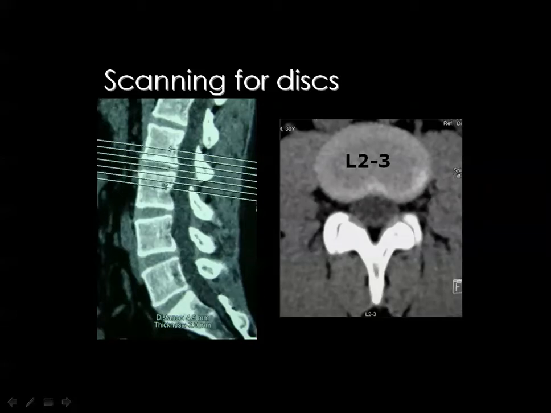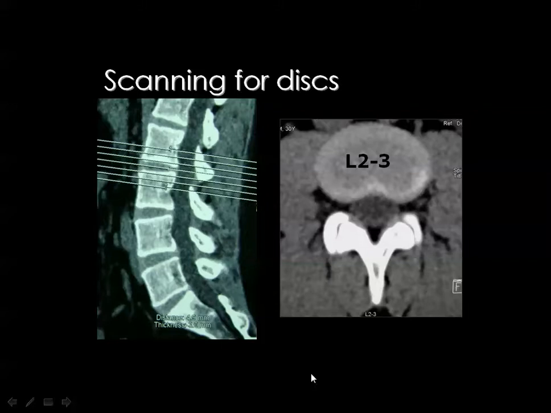The second issue is to evaluate the disc for any abnormality. For this disc level, we include part of the vertebra above and part of the vertebra below, as well as we scan the disc itself. Then you ask yourself, is the disc soft or bone?